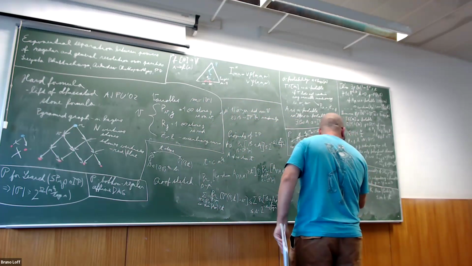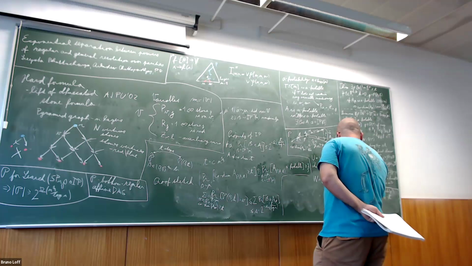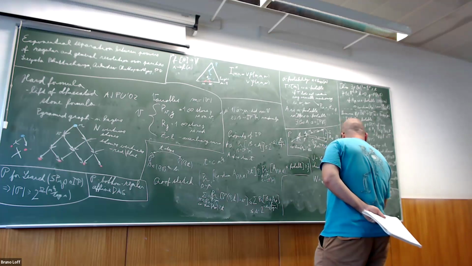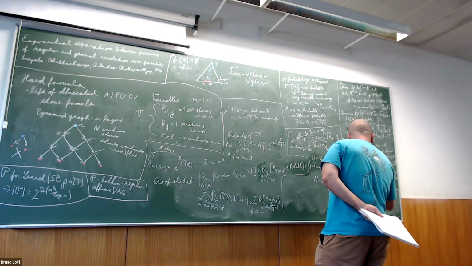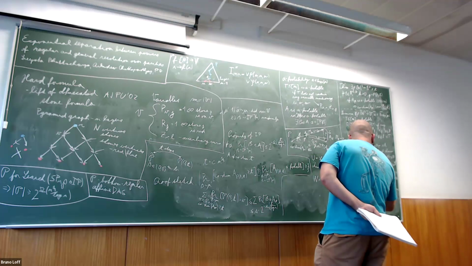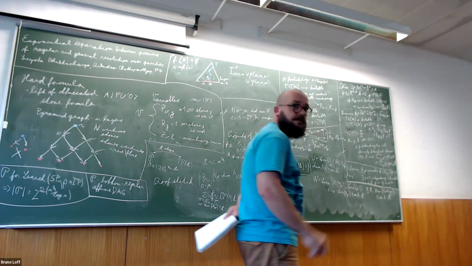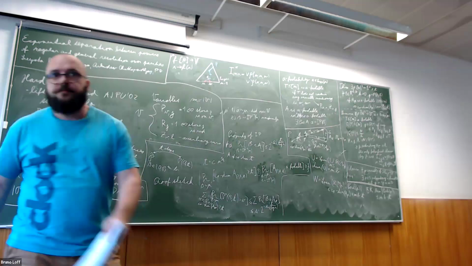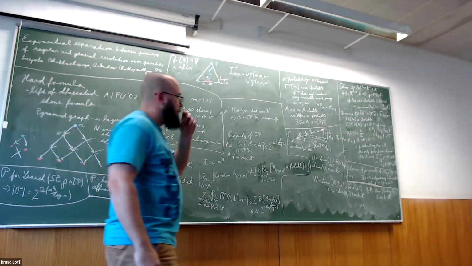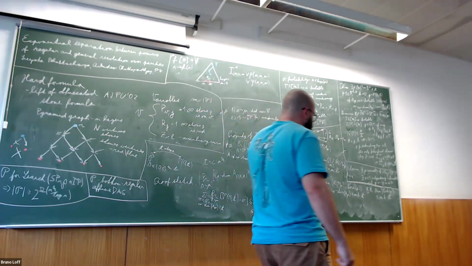So this is at most codimension of AP plus n times B minus T.